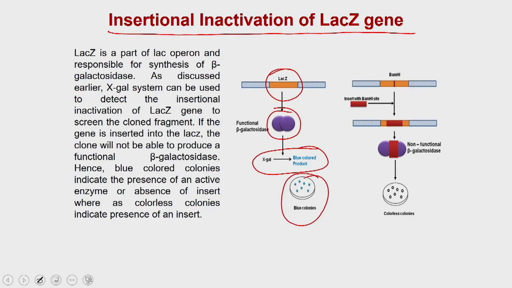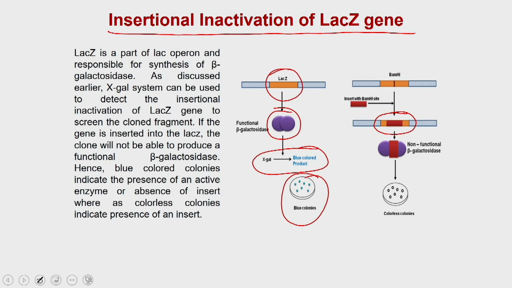Whereas if you are using a BamHI site and you insert your gene within the LacZ site, you are going to produce a recombinant DNA, but in this process you have destroyed the LacZ gene.